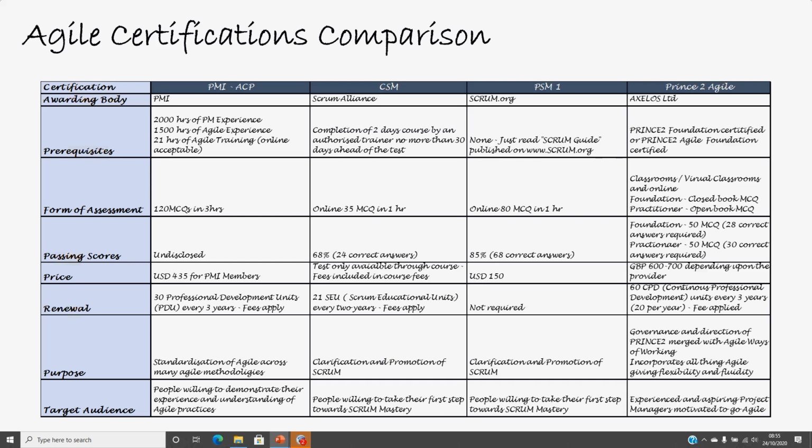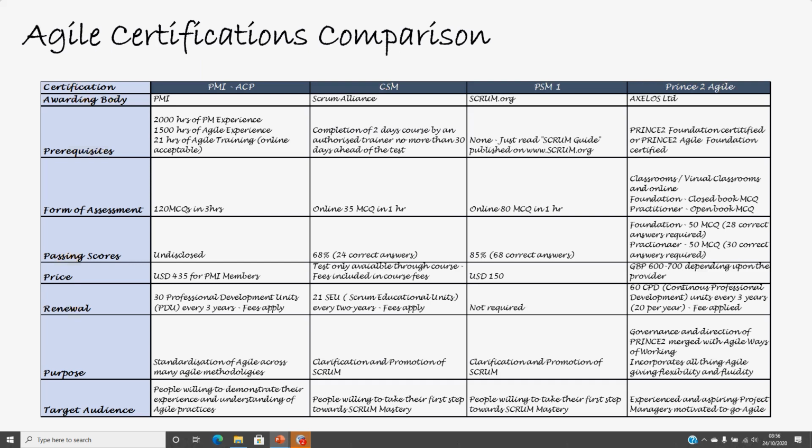The purpose behind this certification, why PMI has introduced this certification, is because PMI wants to standardize the use of Agile across many Agile methodologies. This is something that we haven't gone through because of the lack of time, but there are quite a lot of Agile flavors available.